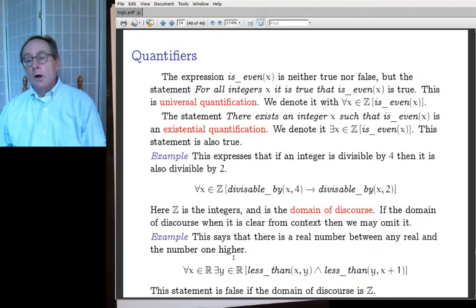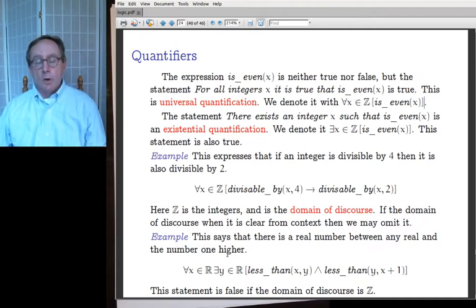Okay. Here's another example. I don't like to have just one example of new ideas, so two examples. I want to say that between any real number and the number that is 1 higher, so between x and x plus 1, there is a real number. So if, for example, x is 3.14, then I'm asserting that there is a y between 3.14 and 4.14.